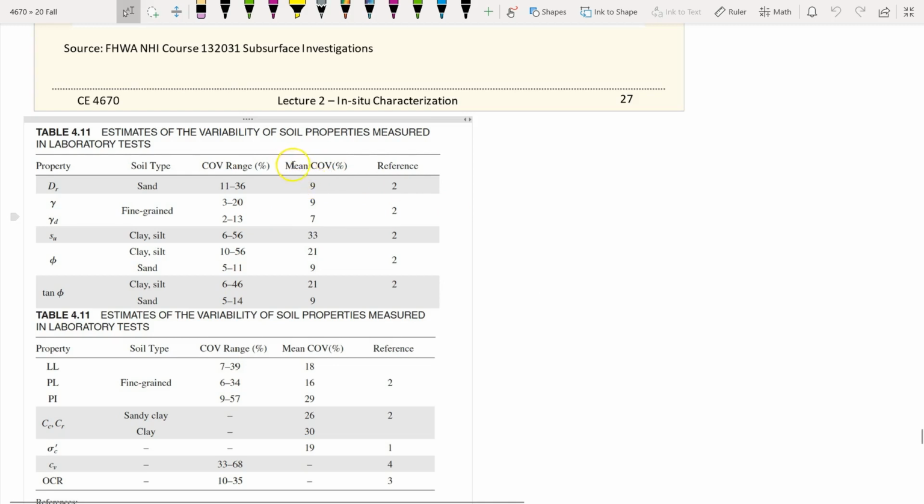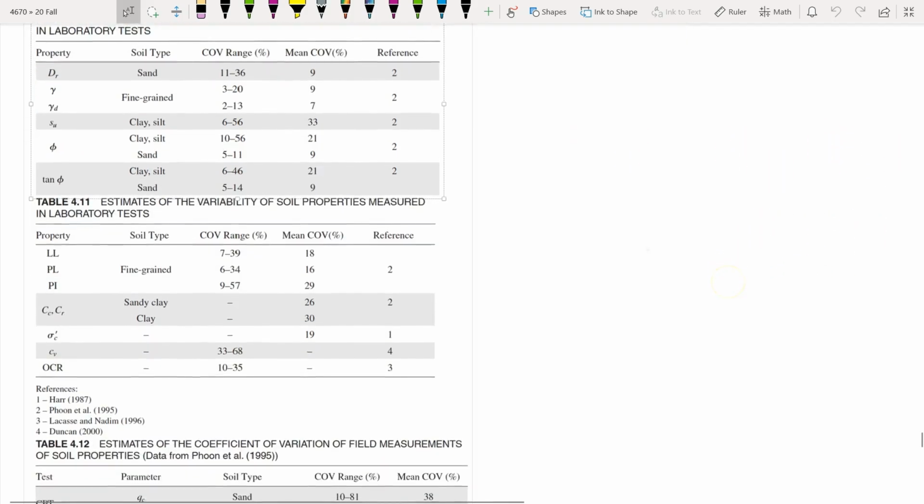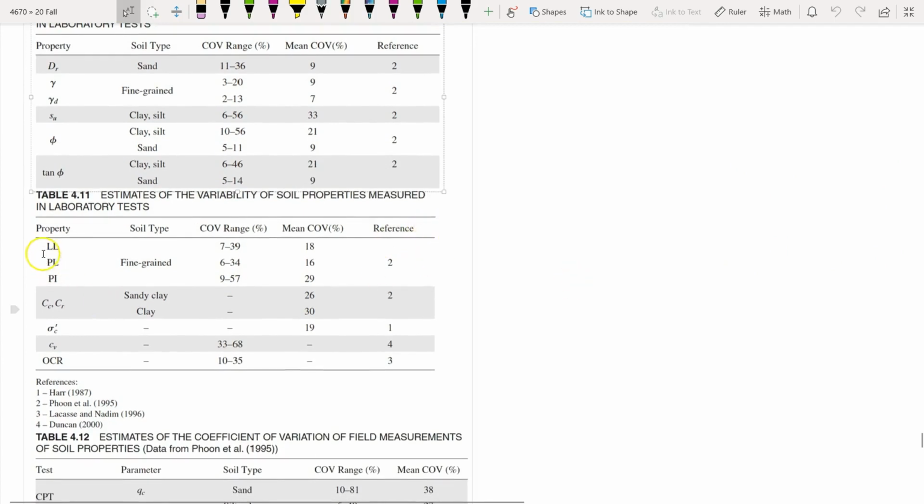So the higher this number, the greater the uncertainty. Soil properties have a lot of spatial variability, so you always come with uncertainty. If we do it in the lab, different parameters have different uncertainty. The highest one is the undrained shear strength of clay. Same for other parameters, like the Atterberg limits and the consolidation parameters. We also have huge uncertainties on those.